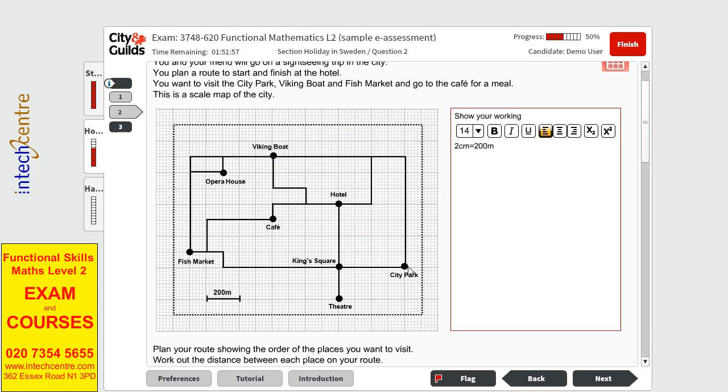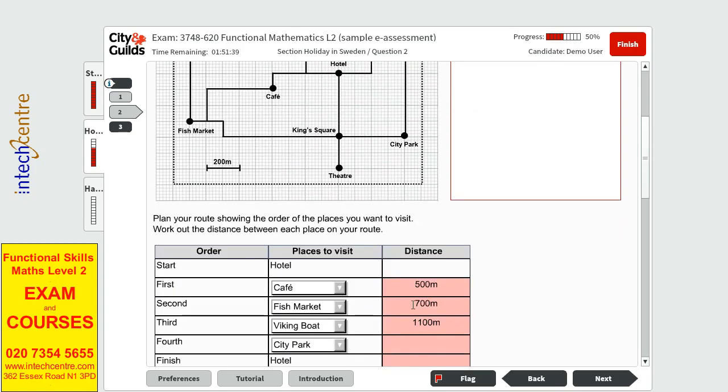So 1700 meters. Or as I said, 1, 2, 3, 4, 5, 6, 7, 8, 9, 10, 11, 12, 13, 14, 15. 2, 4, 6, 8, 10, 12, 14, 15. So we have 1500 meters.